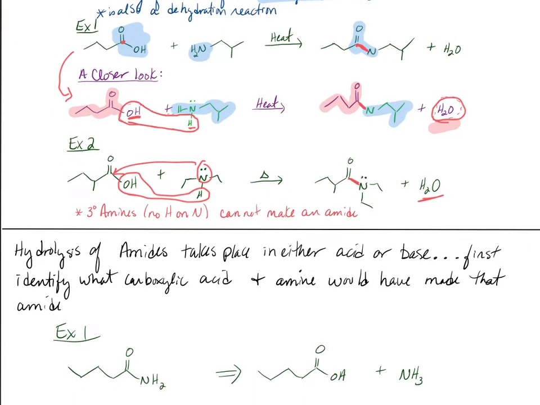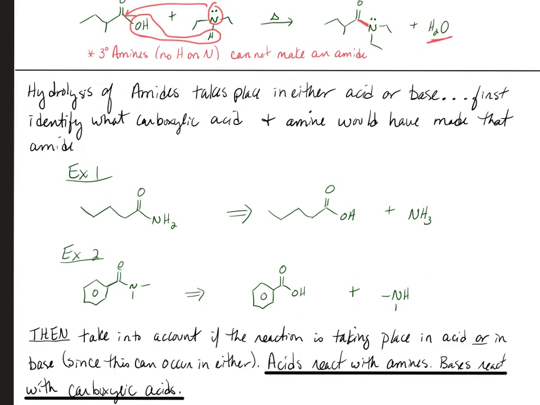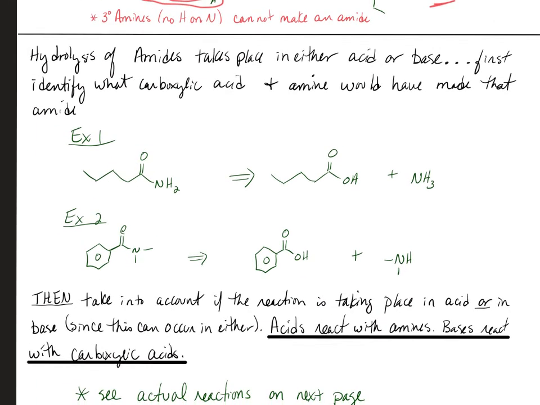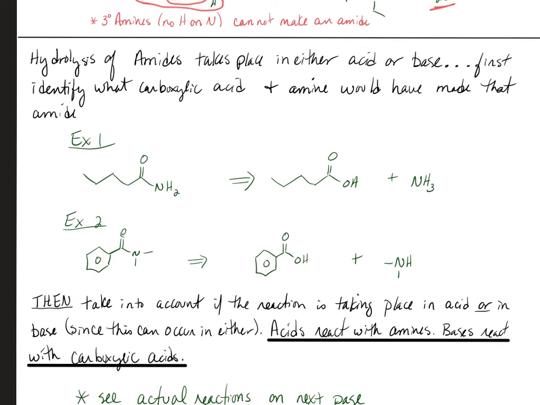Before I show you the full reaction, let's talk about the fact that with any type of hydrolysis of amides, whether in acid or base, if you tear them apart the same way that we just made them, you take an amide and turn it into a carboxylic acid and an amine, the same things that we started with above.